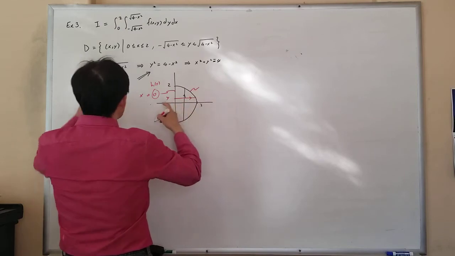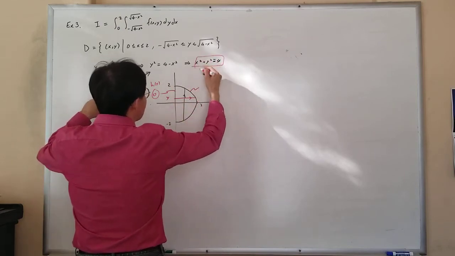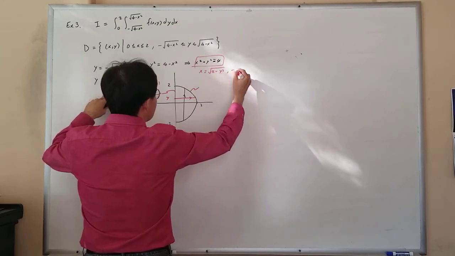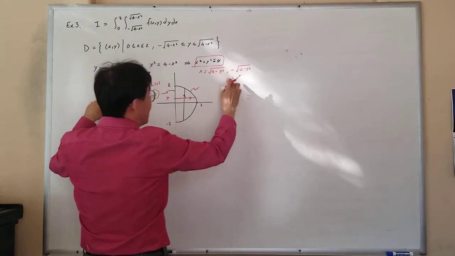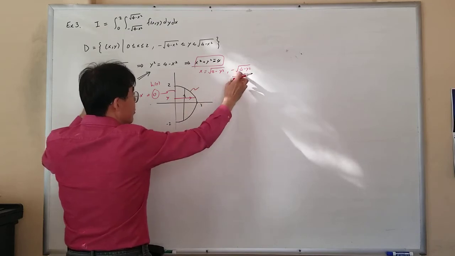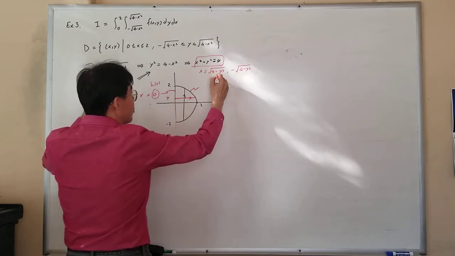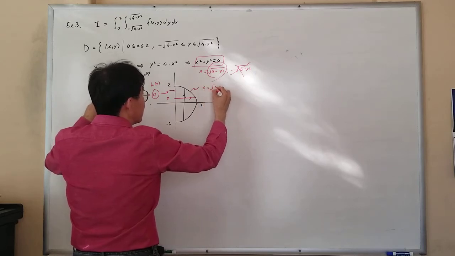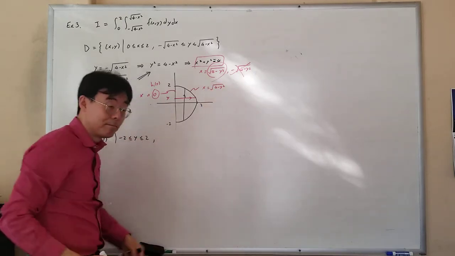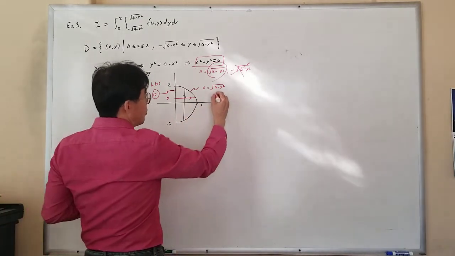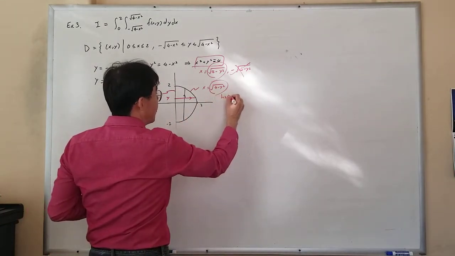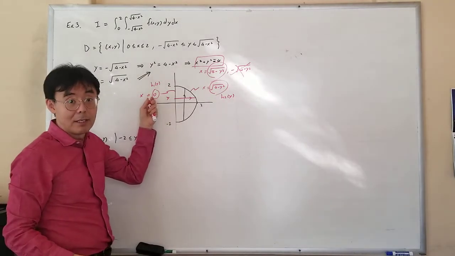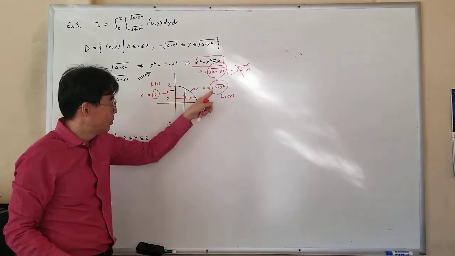And this is, if you solve this one for x, square root of 4 minus y squared or negative square root of 4 minus y squared. This is the right half circle, and this is the left semicircle. So we have to choose this one, not that one. This is your h2 of y. So for given y, x runs from 0 to this.